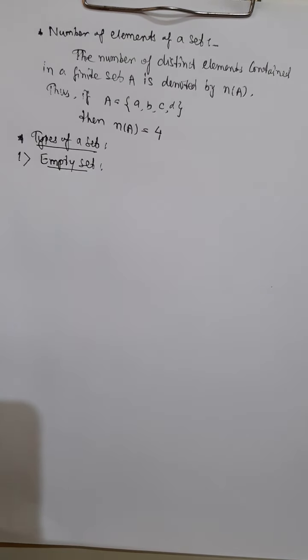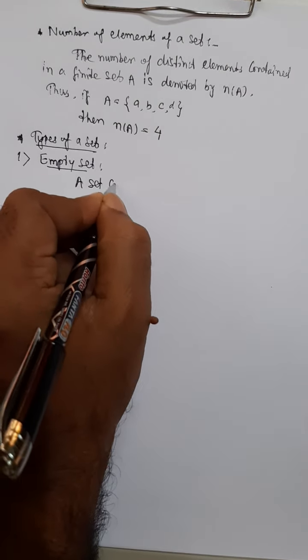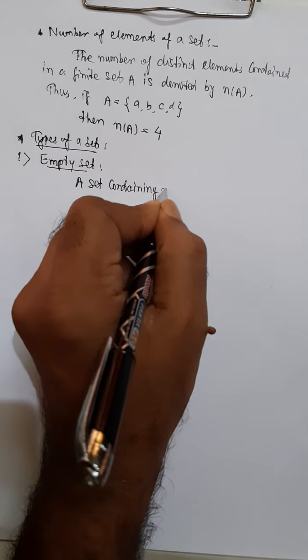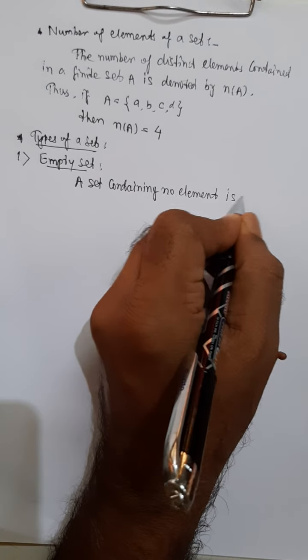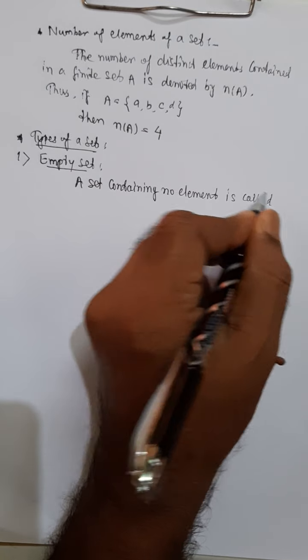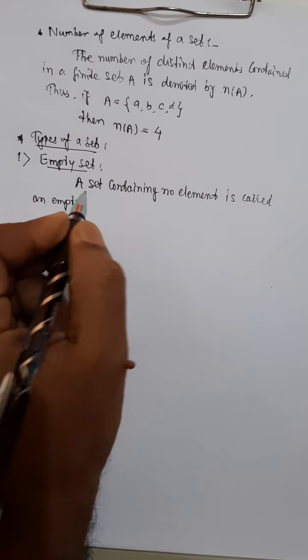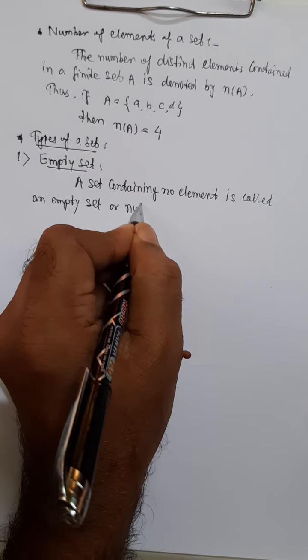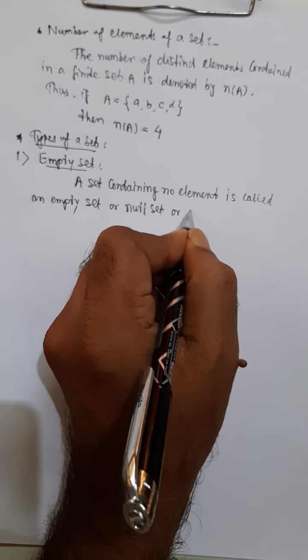Definition: a set containing no element is called an empty set, or it is also called a null set, or also a void set.